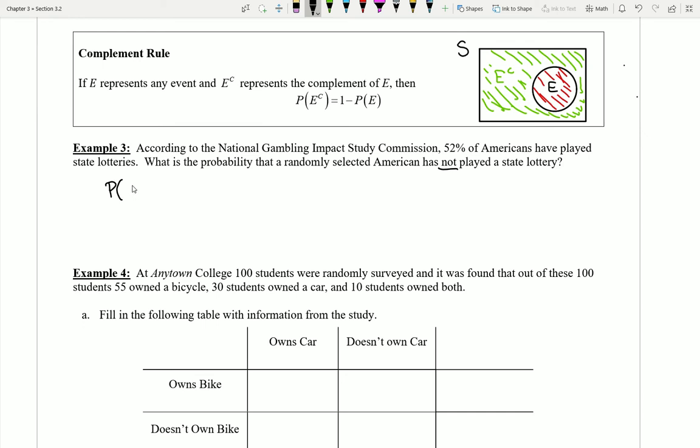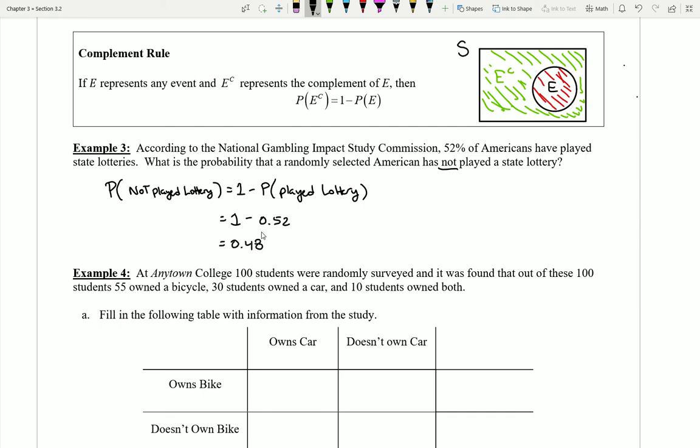The probability that a person has not played the lottery should be the same as 100% minus the probability that they have played the lottery. And of course, we know that that's 1 minus 0.52, and so we get 0.48.